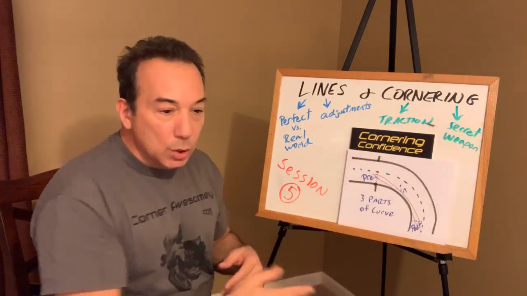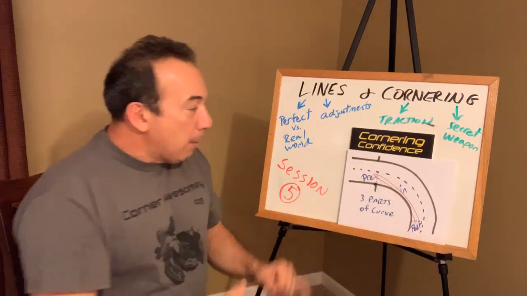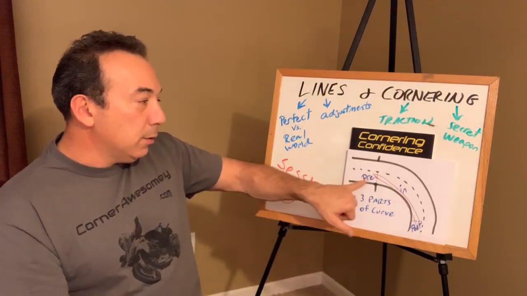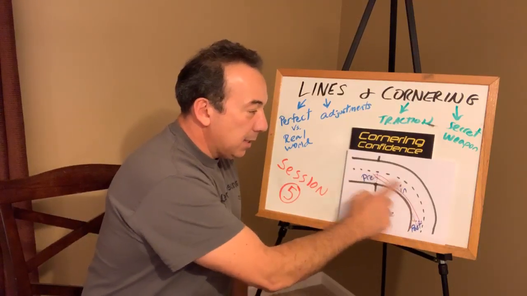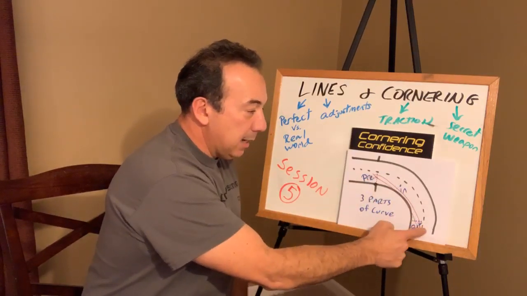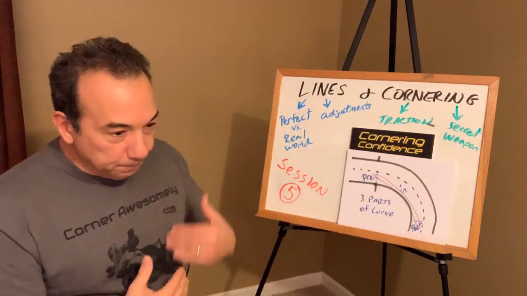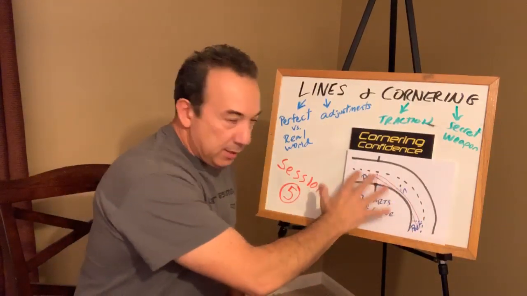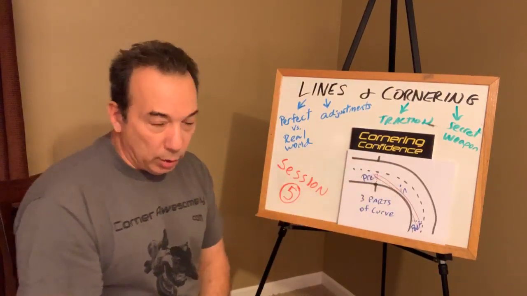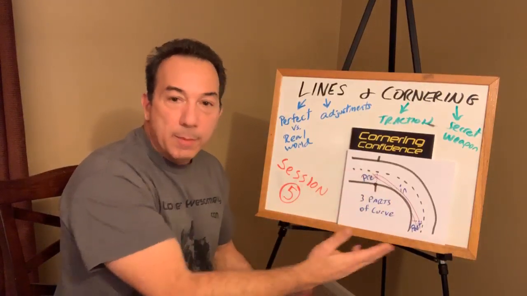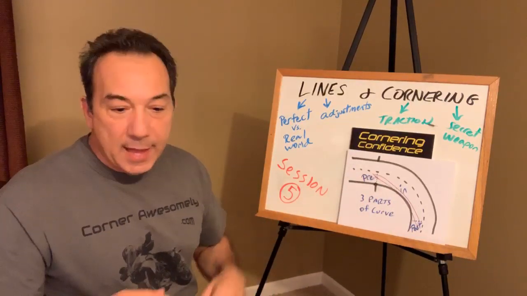When it comes to planning your ideal line, just shoot for different lines. Inside to inside, outside to outside, inside to outside, outside to inside. Try your various lines as you go through your curves, whether they're tighter or sweepers or whatnot. Try and get that taken care of.